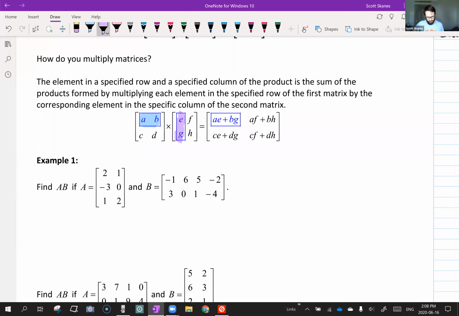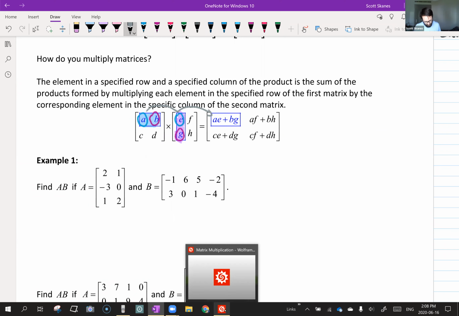And you'll notice that you go step by step. So for example, you multiply A by E, and then you would multiply B by G and add them. So that together gives this, A times E plus B times G. And you go further and further down the rabbit hole with this.